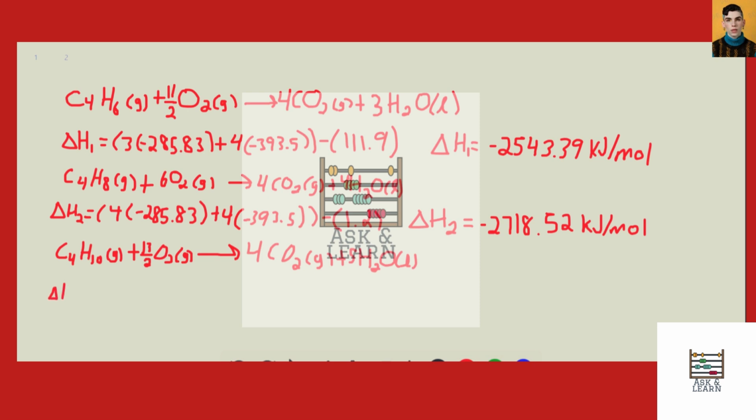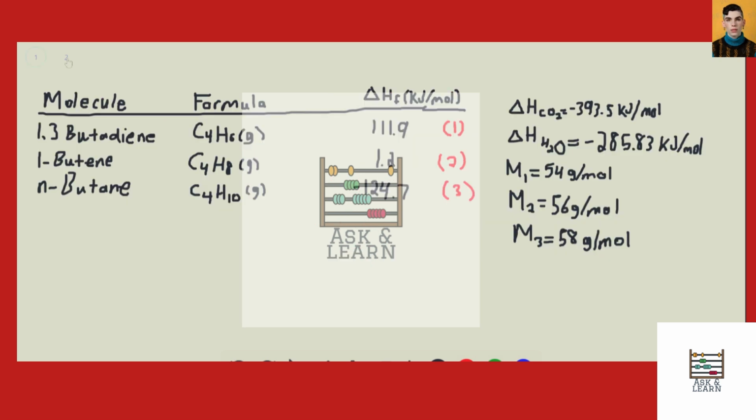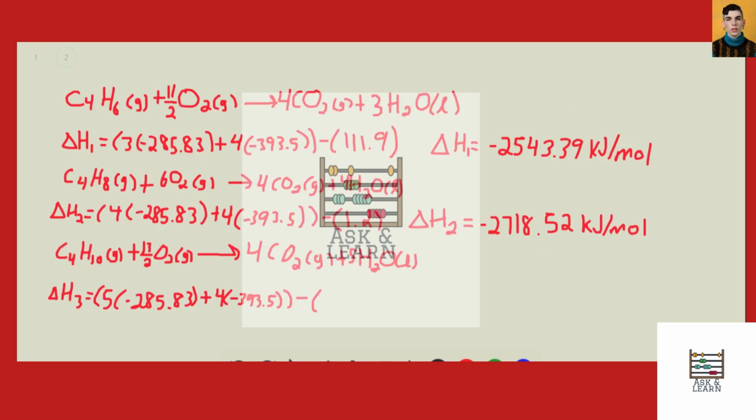So delta H of 3 is 5 times minus 285.83 plus 4 times minus 393.5, minus negative 124.7.